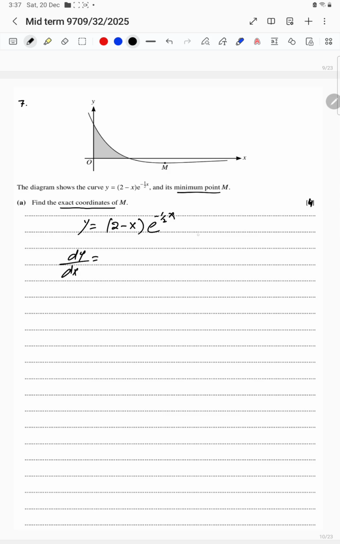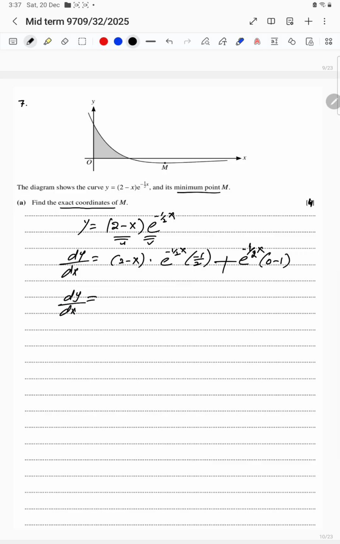So first differentiate, we will apply the product rule. Suppose this is u, this is v. So u differentiated v will be e raised to the power minus 1 by 2 x times minus 1 by 2, plus now e raised to the power as it is, and the differentiation of 2 minus x is 0 minus 1. So I got the derivative.